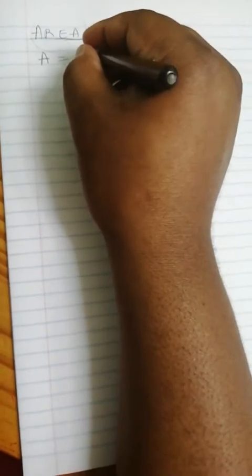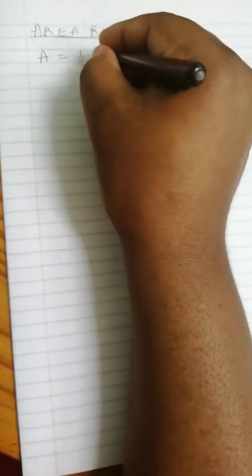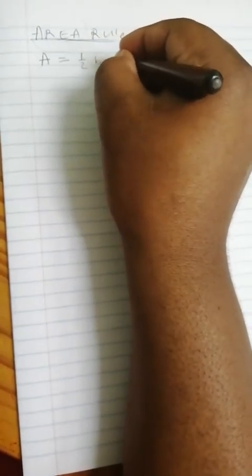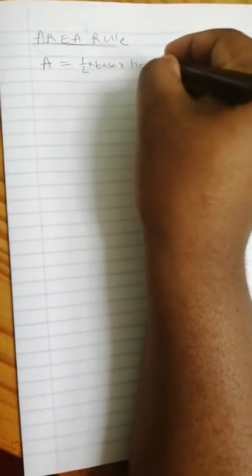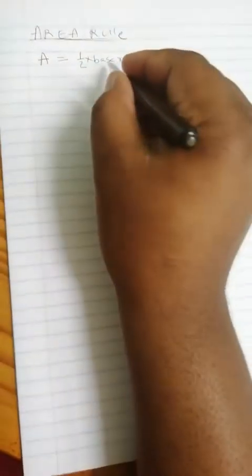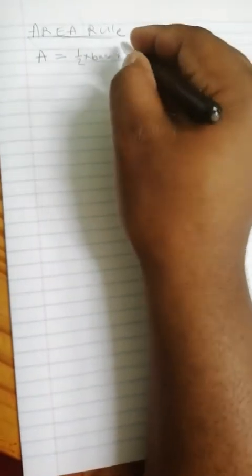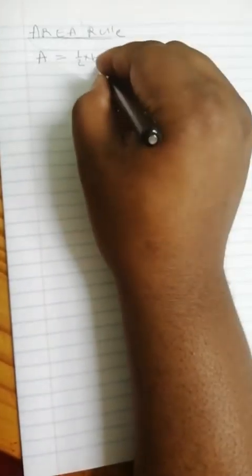Now you would know from what you know from the earlier grades that the area of a triangle is half base times height. Now you must remember that the height must be perpendicular to the base.